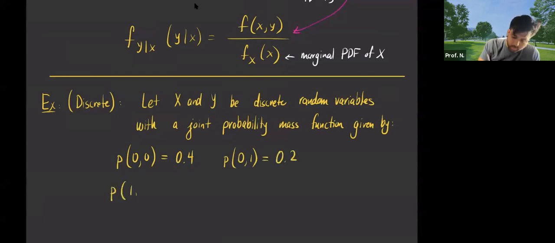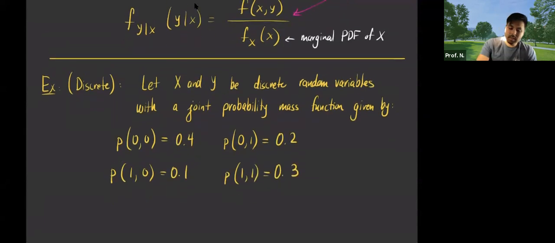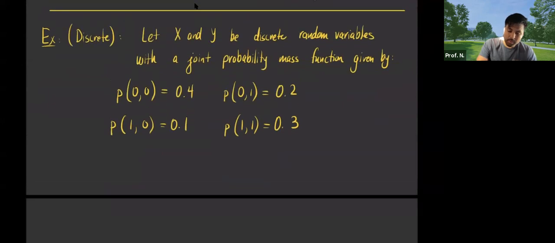P of 1, 0 is 0.1. And P of 1, 1 is 0.3. This is an actual PMF. If you add all of these probabilities up, you get 1, which is exactly what's expected from a PMF. It's explicitly defined for X and Y.